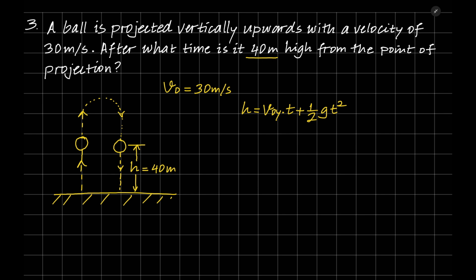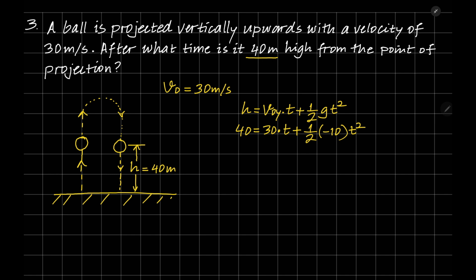It says after what time is it 40 meters high? That means height is 40 meters. 40 is equal to the initial component of the vertical velocity, which is 30, times flight time plus 1 over 2 times negative 10 times t squared.